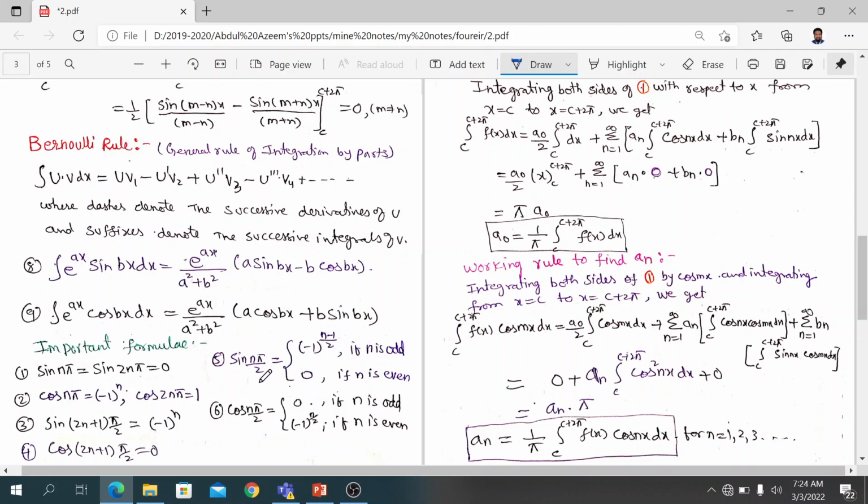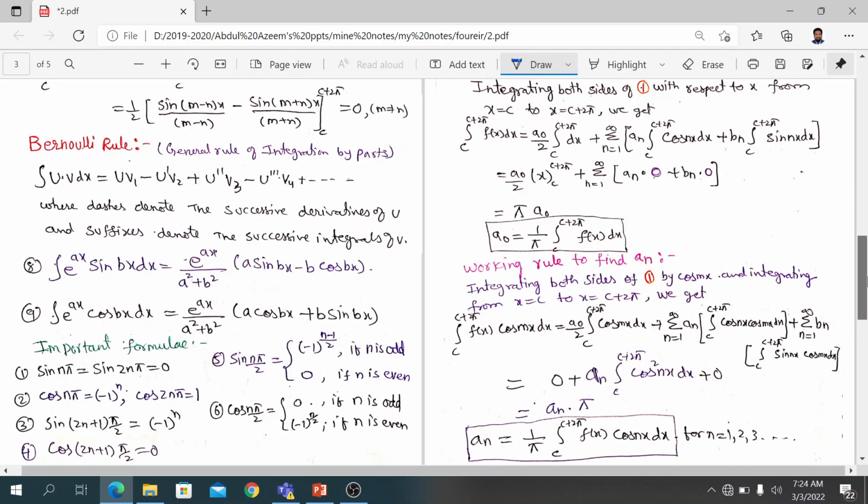Sin n pi by 2: if n is odd, minus 1 power (n minus 1) by 2; if n is even, 0. Next, cos n pi by 2: if n is odd, it is 0; if n is even, minus 1 power n by 2.